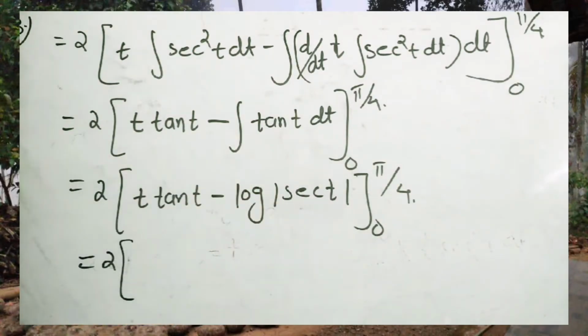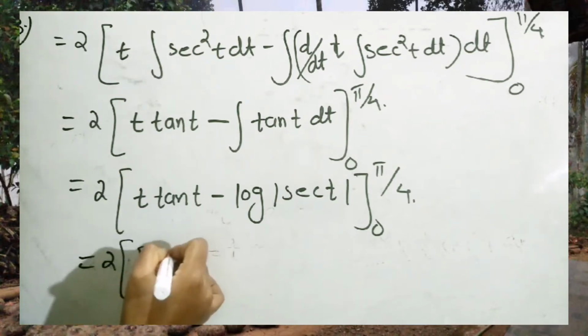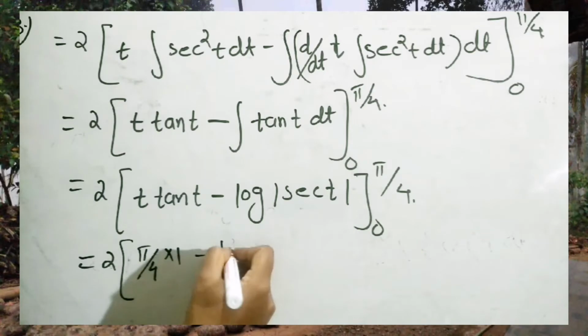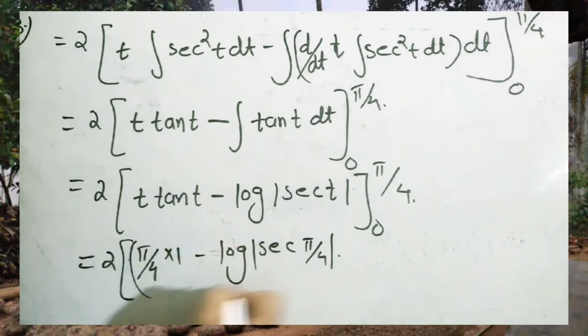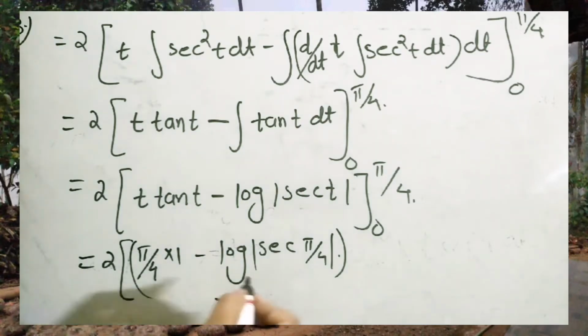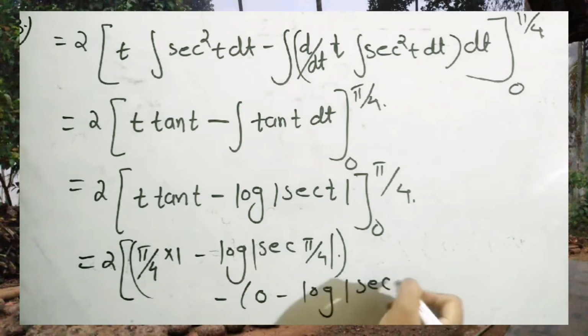First we will substitute the upper limit, that is pi by 4 tan pi by 4, that we know is 1, minus log sec pi by 4, minus of 0 into tan 0. 0 into tan 0, that we know is 0, minus log mod sec 0.